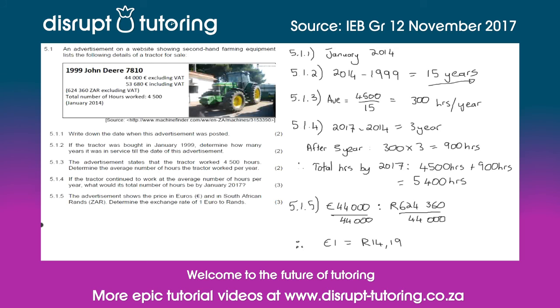We round it to 14,19 because it needs to be in rands and cents, and cents is 2 decimal places. So this is the exchange rate: €1 equals 14,19 rands. And that concludes question 5.1.